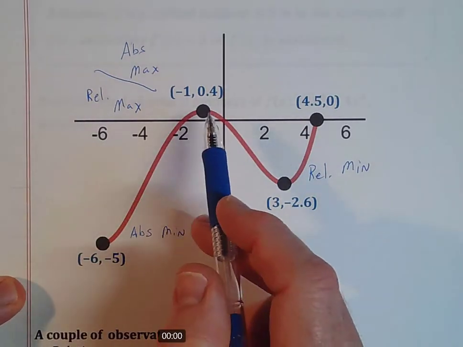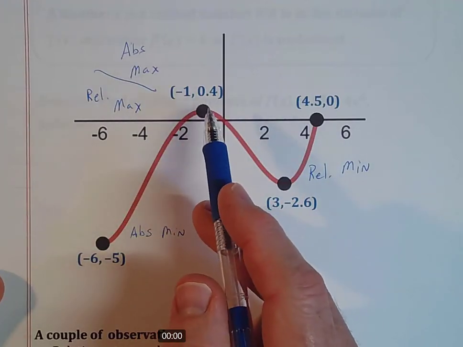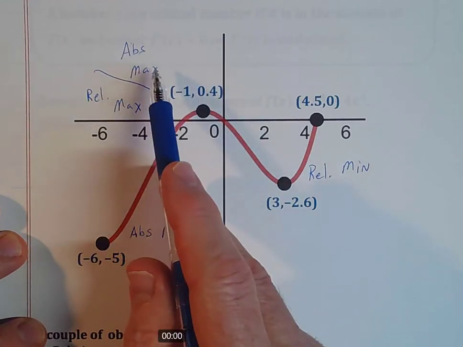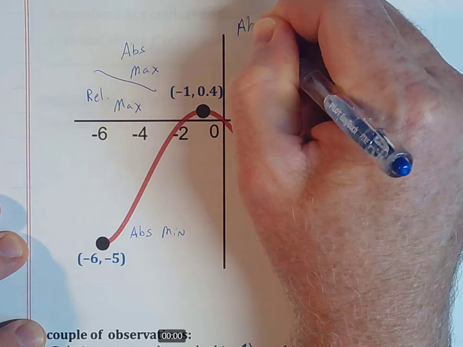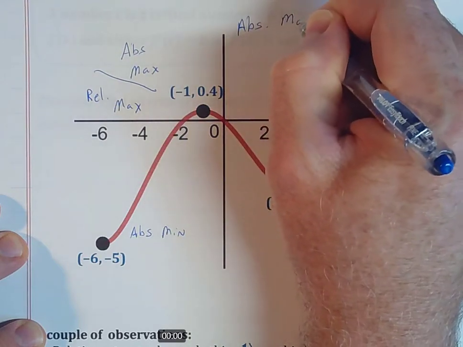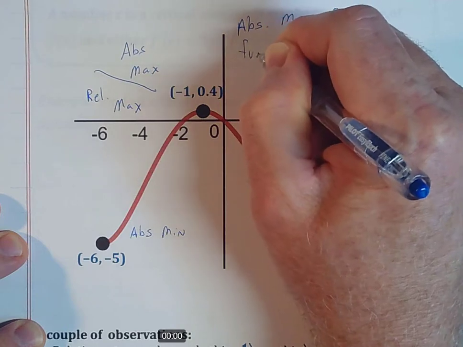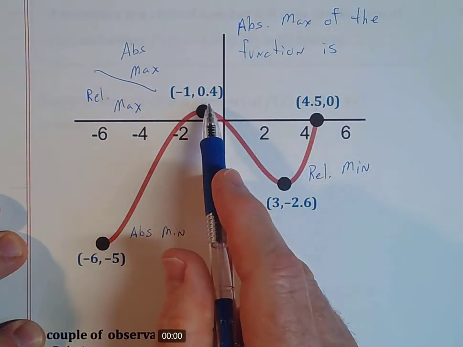Now notice I'm saying these points are the max or the min. Let me get a little bit more specific about that. When I say that this point right here is the absolute max, what I really mean is that the absolute max of the function is this y coordinate right here.